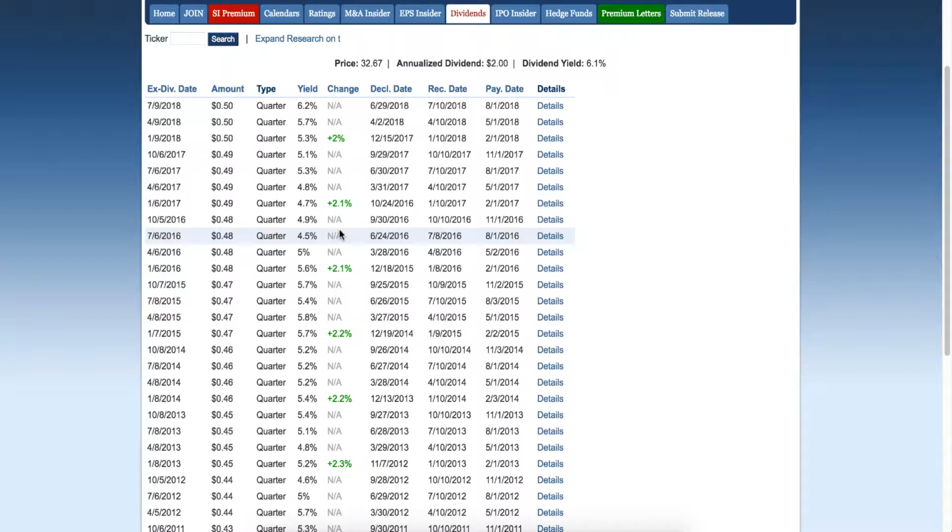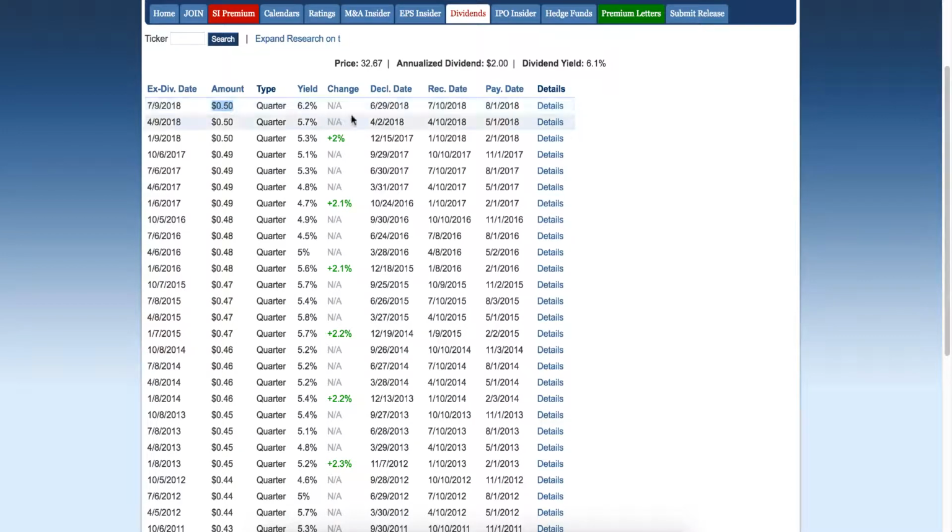And the last thing that I wanted you to know, in case you don't, is that generally speaking, this ex-dividend date is the important thing. So companies actually declare that they're going to be paying an amount per quarter. So let's say that AT&T came back and said, let's say that was July 5, July of 2018, that the ex-dividend date for our next payment is going to be the 9th of July, and it's going to be in the amount of 50 cents.